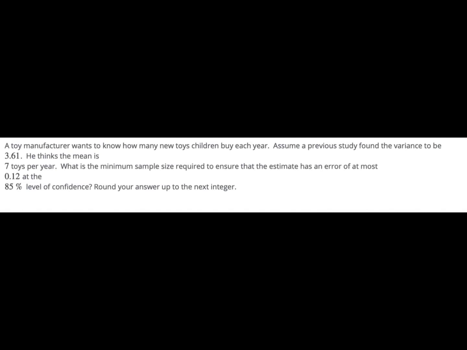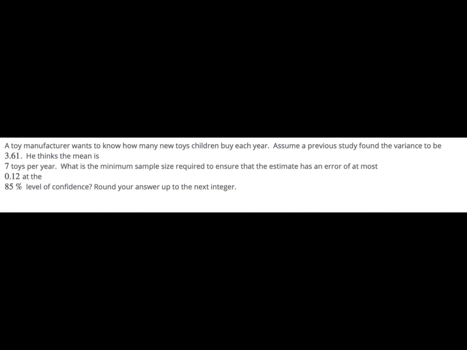So in these problems, what they are asking for is the sample size. They will give you some information and you will have to figure out what the sample size is where they have given you a specific level of confidence. In this case, they've actually given you a variance rather than a standard deviation for that population, but that doesn't matter. All you have to do is square root that.